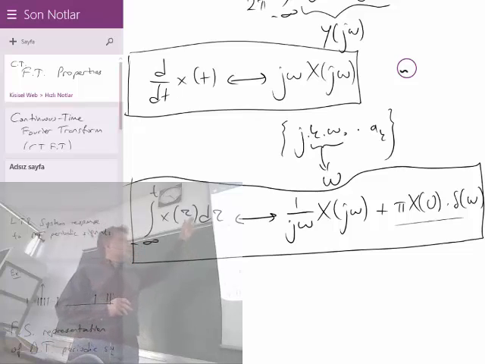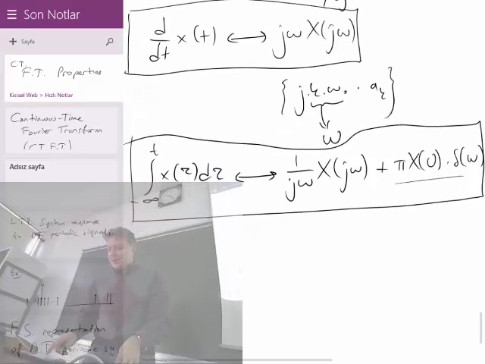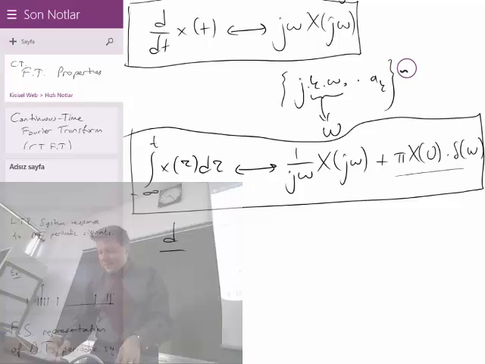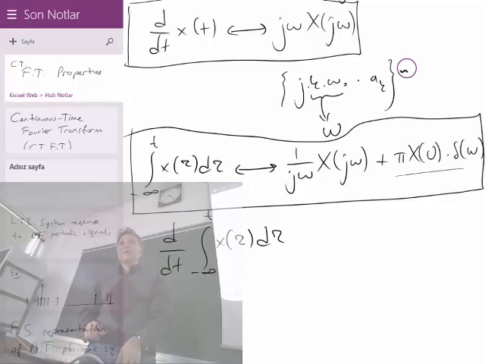We have to check whether the top differentiation and the bottom integration formulas are inverses of each other. Do we get the same thing? Clearly, if you take the time derivative of the integral from minus infinity to t of x of tau d tau, which is the first fundamental theorem of calculus, this will be equal to x of t.